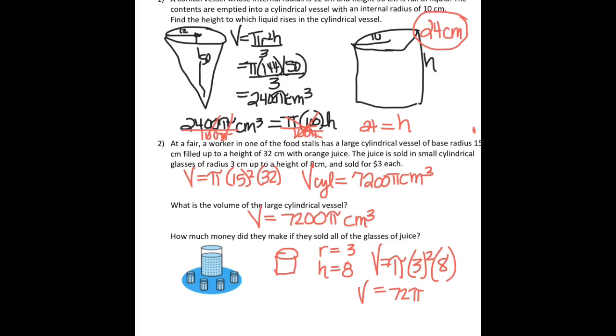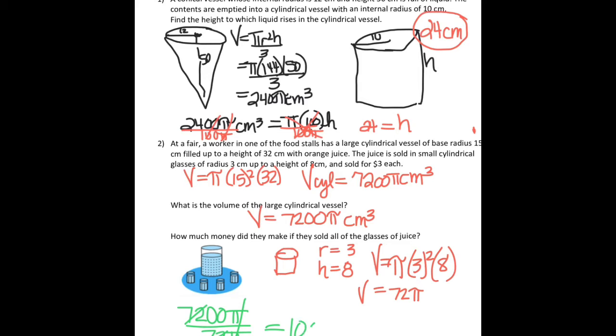So the volume is 72 pi centimeters cubed. But the question isn't what is the volume of the small glass. The question is, how much money are they going to make if they sell all of the juice? So you have to figure out how many glasses of juice they can sell. If I take the volume of the large container and divide it by the volume of each glass, notice that the pi's cancel out, and 72 will go into 7,200 100 times.